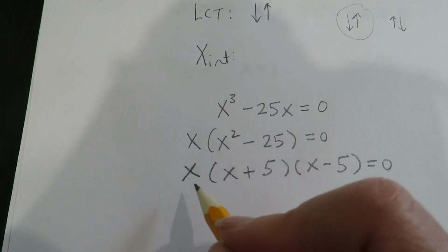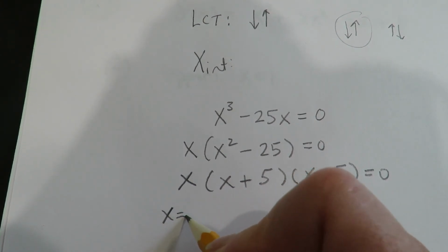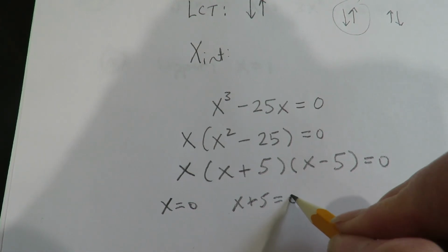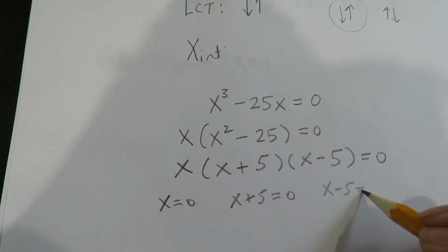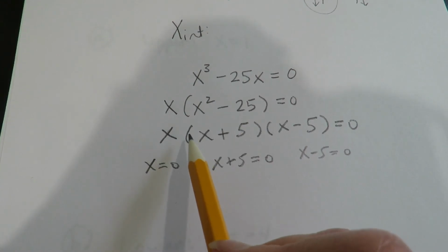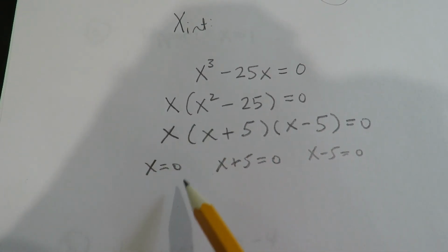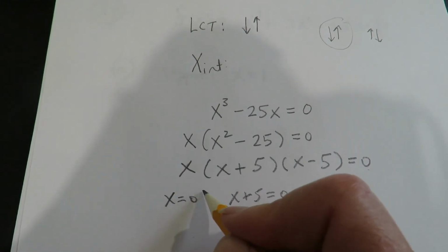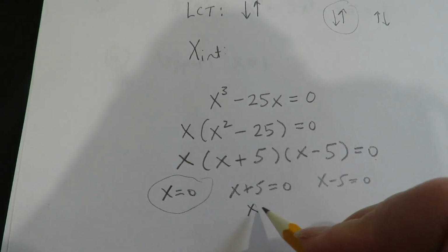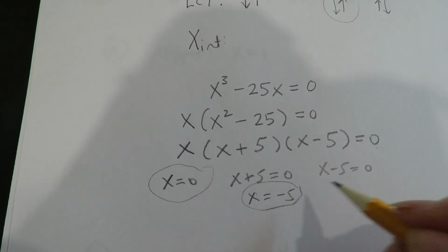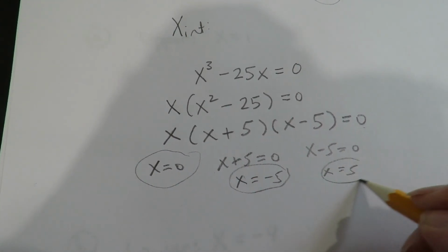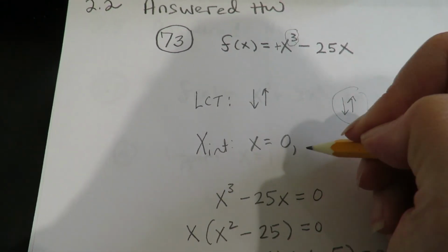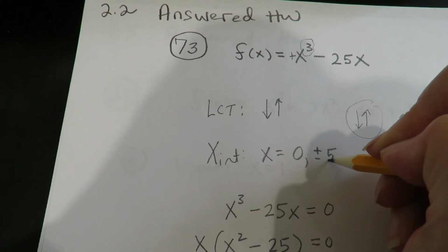When you set this equal to 0, you set each of these pieces equal to 0. This is called the zero product rule. It says that if you have a product set equal to 0, you can set each factor equal to 0. So the first answer is x is 0. If you solve this for x, you get -5. If you solve this for x, you get 5. So x is going to be 0 and plus or minus 5.